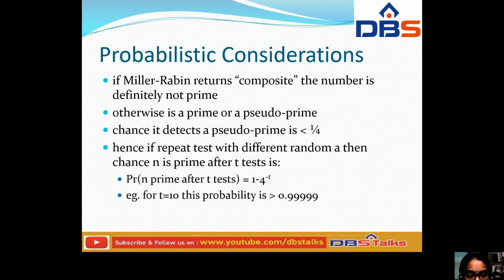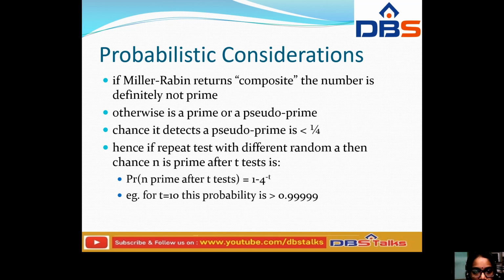Hence, if you repeat the test with different random numbers, the chance that it is a prime after the t-tests is Pr(n prime after t tests). For example, if you take t equal to 10, the probability is greater than 0.9999. This is the probabilistic consideration that we are going to get.